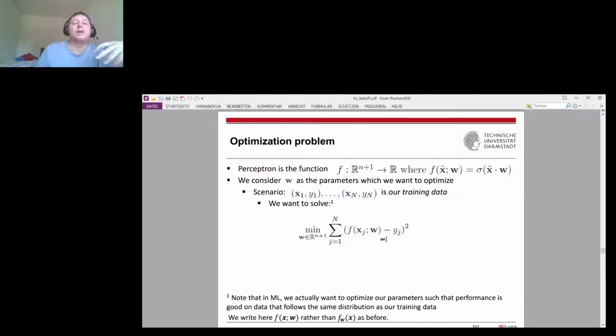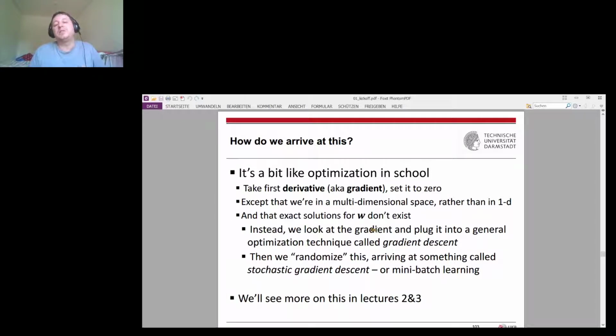So imagine we take the first derivative of that function, and then we set it to 0, and then we solve for our w. Now the difference is we're not in school, so we're not in dimension 1, but we're in dimension n, or maybe n plus 1. So we are in a multidimensional space. And also an exact solution does not exist in general.